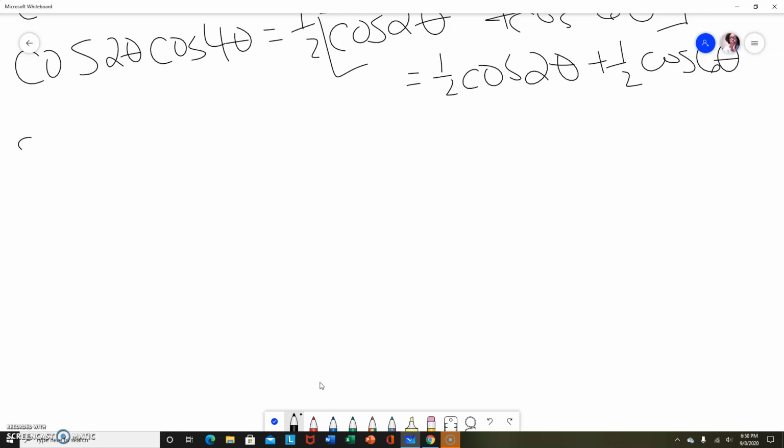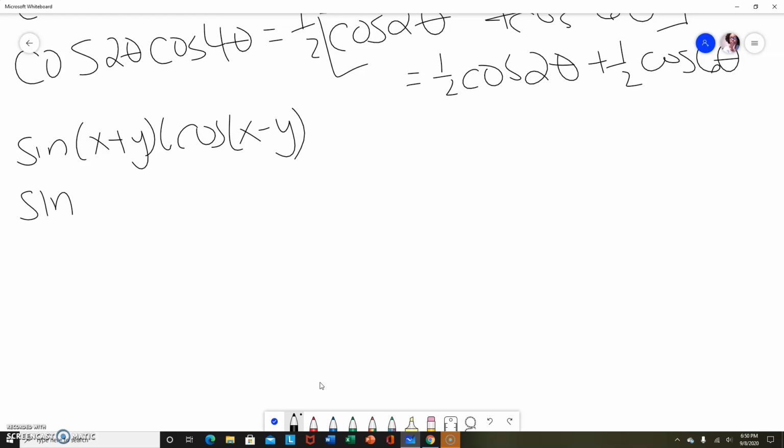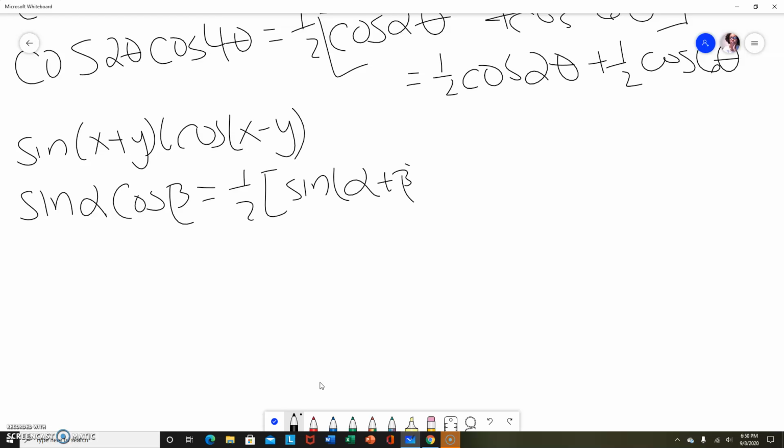Let's try sine of x plus y times cosine of x minus y. And so the formula that I'm going to use will be sine of alpha times cosine of beta is equal to 1/2 times the sine of alpha plus beta plus the sine of alpha minus beta.